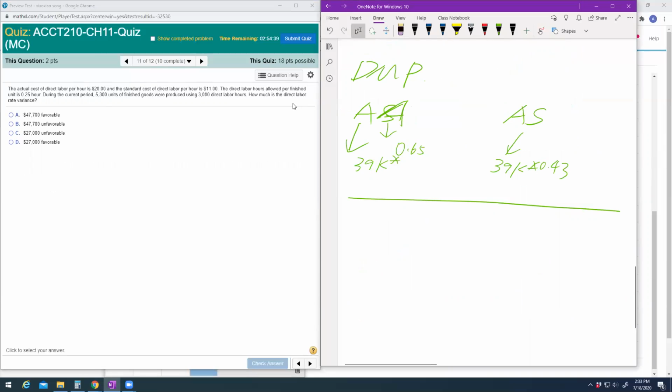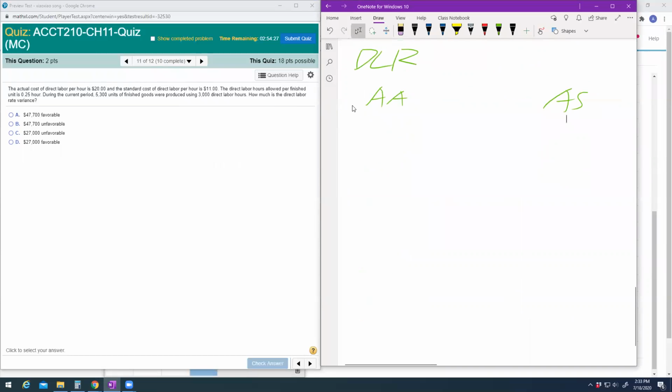Next one, asking about direct labor rate variance. Also actual versus standard. Actual cost of direct labor is 20, and standard cost is 11. Direct hours allowed, don't worry.